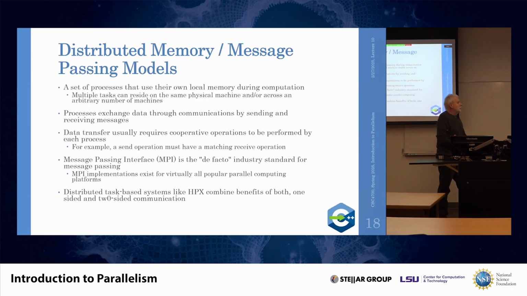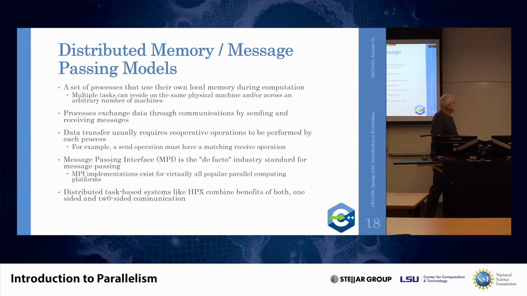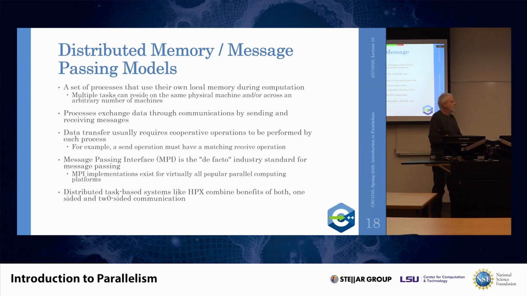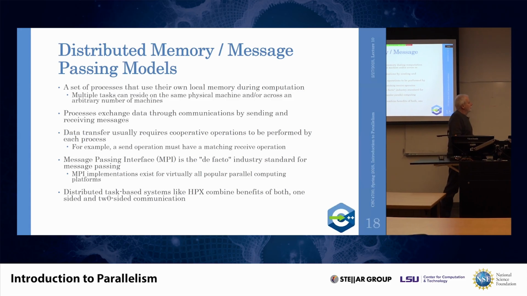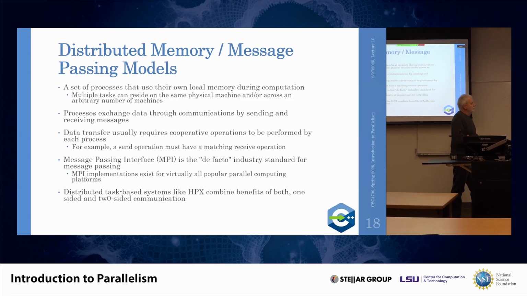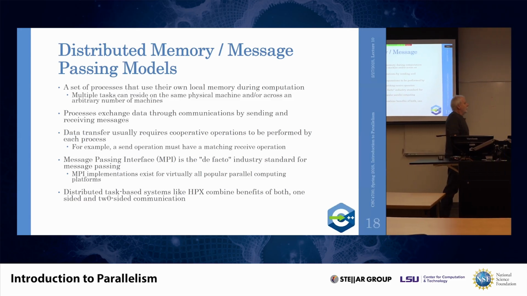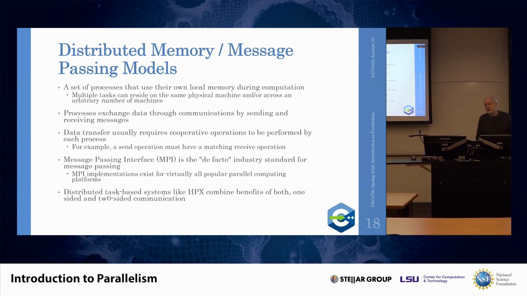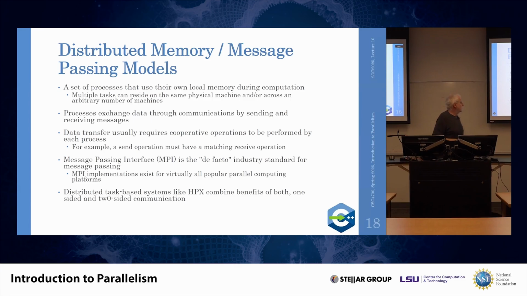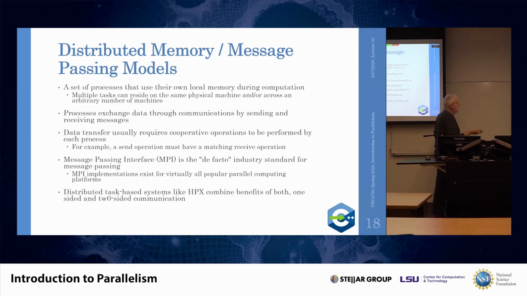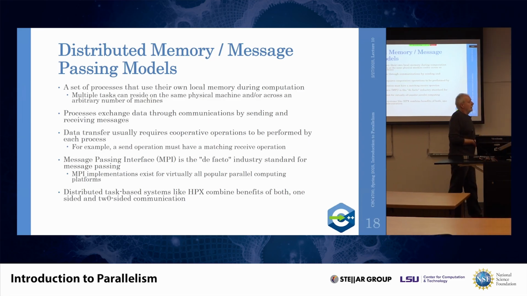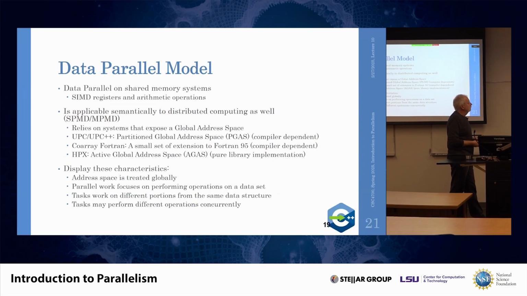When it comes to distributed message passing models, you have a set of processes that use their own local memory during the computation. They exchange data, they transfer data in between nodes, and MPI is a classic C library that is the de facto standard for the HPC computing that is used today. We will use HPX for distributed task-based systems, distributed task management in future lectures.